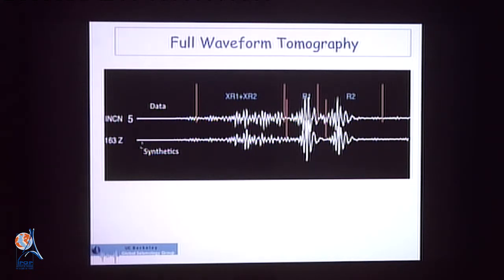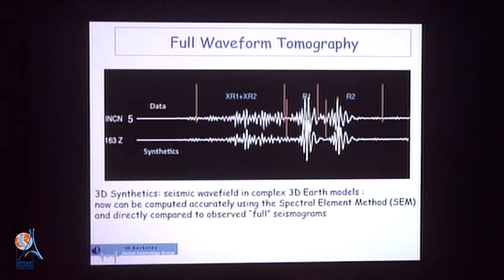Until recently, computing these synthetics was a challenge and could be done only very approximately using primarily normal mode perturbation theory. I won't go into the details, but in recent times, we have at our disposal the so-called spectral element method, which is well adapted to computations in spherical geometry and which has, in fact, been ported to the case of the global Earth here at IPG by Jean-Pierre Villotte and his students.